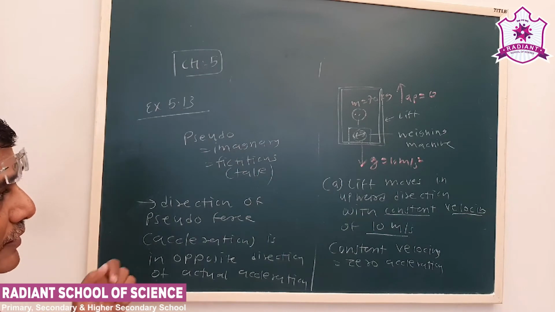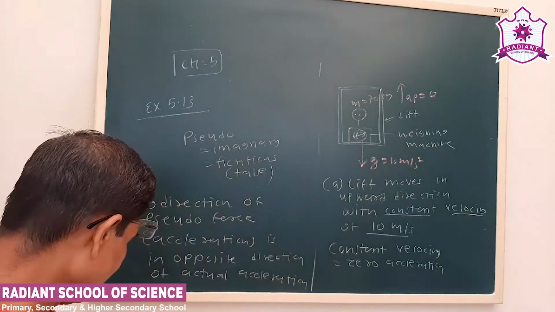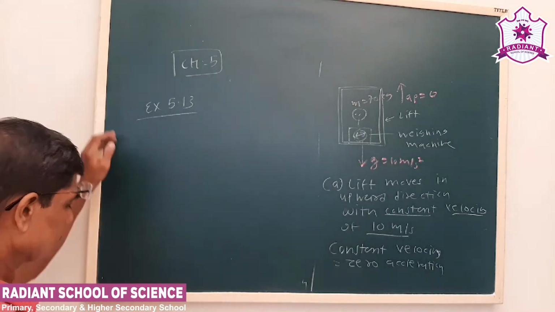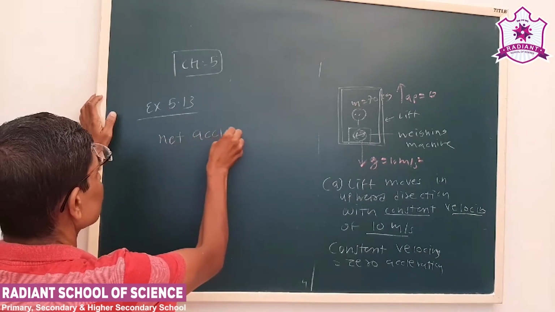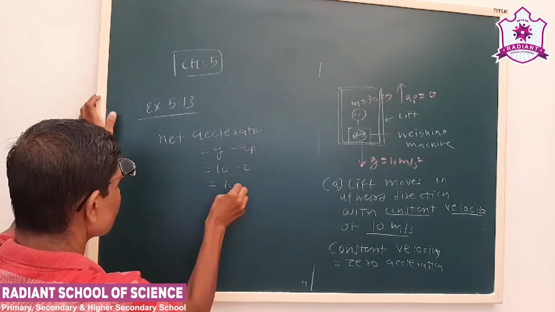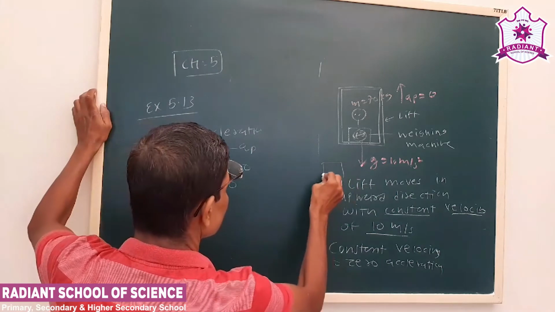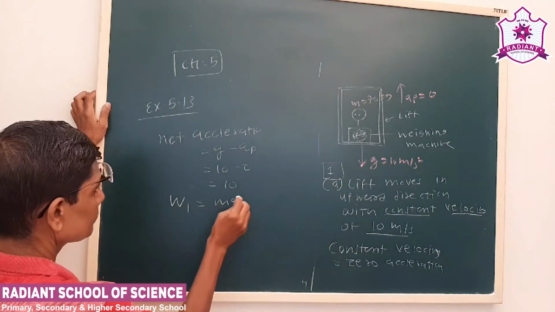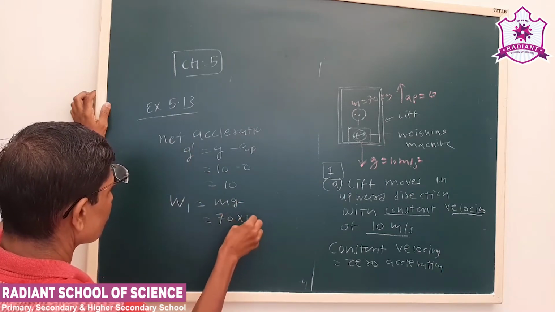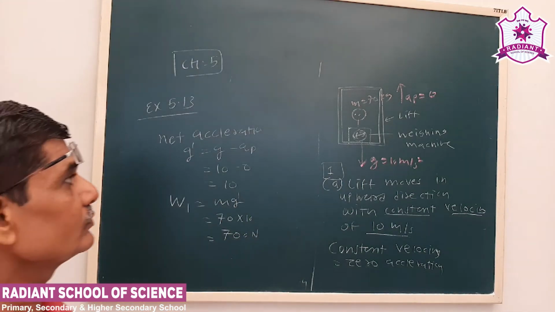So what is the net acceleration? It will be g minus AP, that is g only. So the weight measured is, let us say, W1. This is the first case.